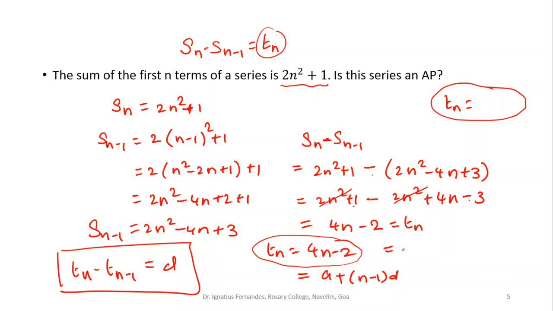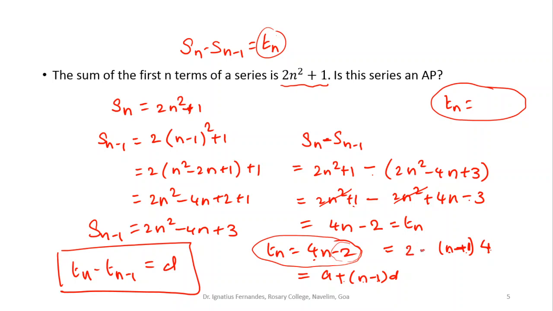Okay, what I'll do is write this as a plus (n minus 1) into d. So I'll write n minus 1 first. N minus 1. Okay, I want 4n here, so accordingly I have to write 4 first because I want 4n somehow. Now 4n, an additional term that I generate is minus 4. But what I want is altogether minus 2. So what term should I write here?